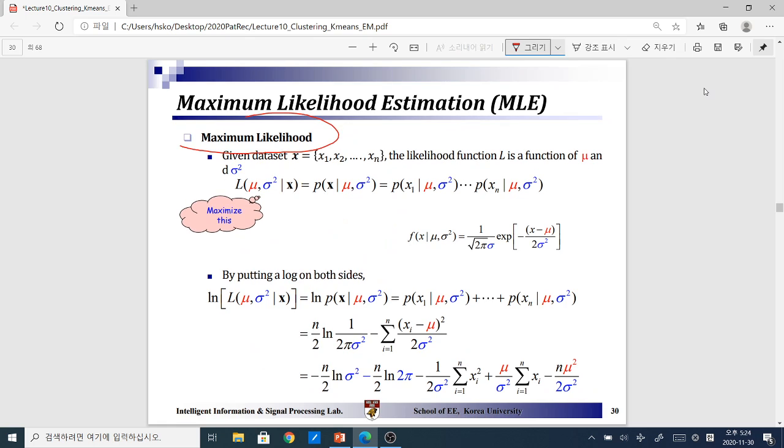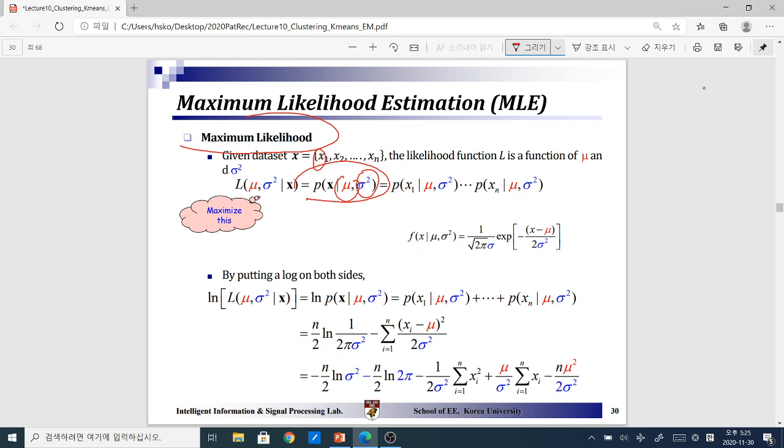So how do we take the maximum likelihood? Once again, you take the likelihood function of the samples, assuming that this is Gaussian with these two parameters, mu and the variance, where each of the samples is assumed to be independent of the others.